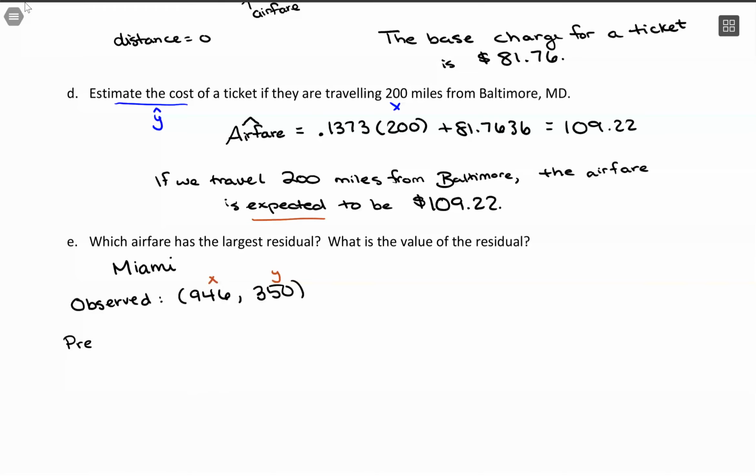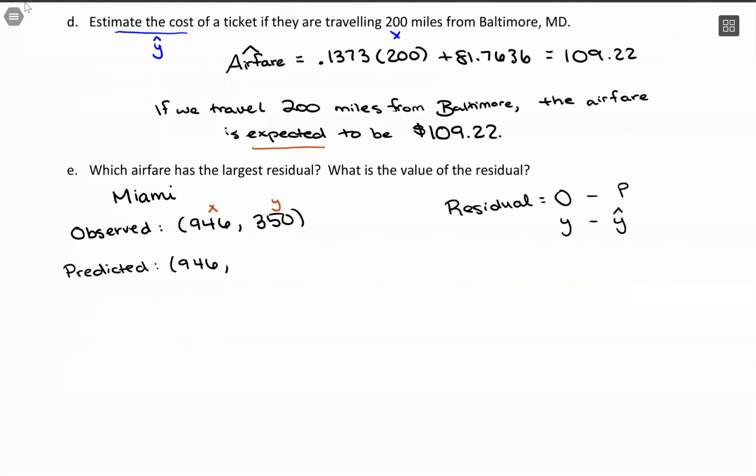So then I need the predicted, because in terms of residual, what I want to take is the observed minus the predicted, or rather my Y value minus Y hat. So for predicted, what we're going to use is the same value for X, because I still want to go to Miami. So that distance is set in stone, but what I need to find is what is the predicted airfare for going to Miami.